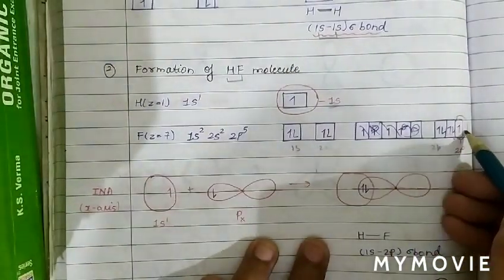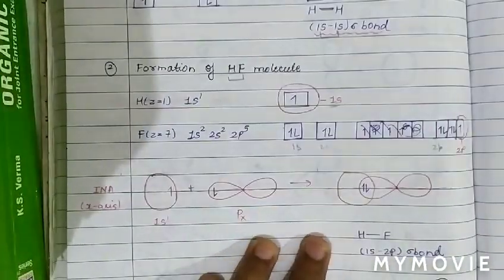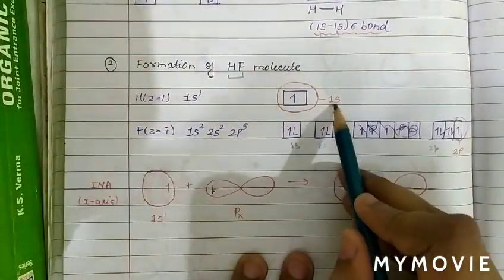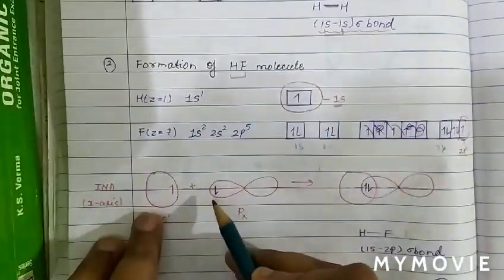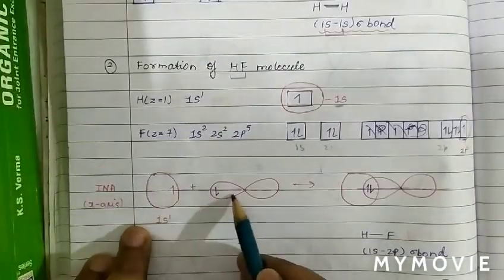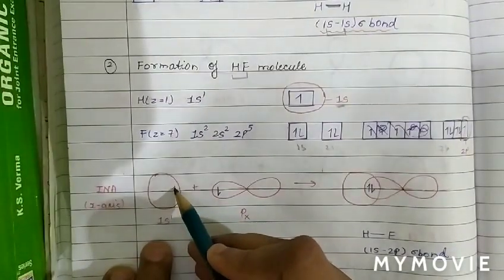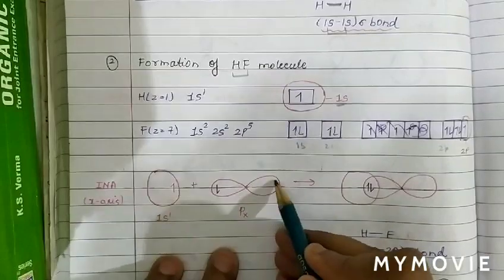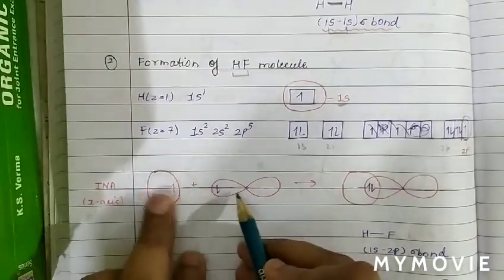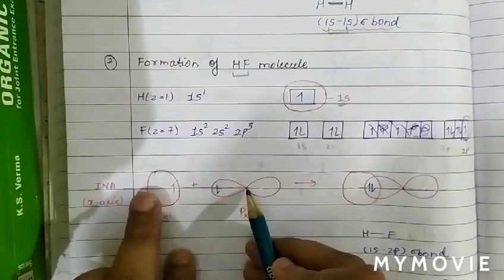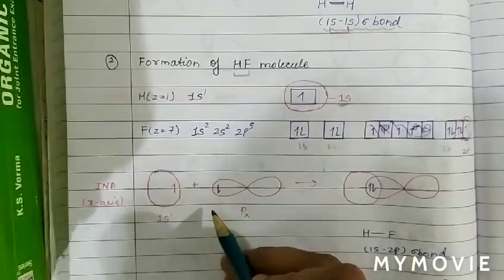So for overlapping to take place, orbitals must have unpaired electrons with opposite spin. Here the unpaired electron is in the 1s orbital and here the unpaired electron is in the p orbital. As we are considering the x-axis to be the internuclear axis, the unpaired electron is present in 1s and the unpaired electron is present in px. For overlapping to take place, head-on overlapping must be there, as s orbital does only head-on overlapping.